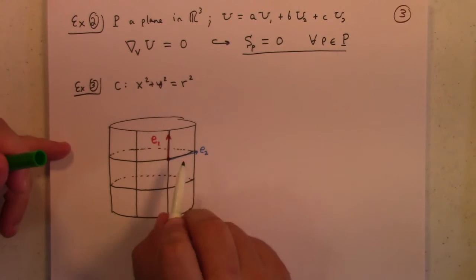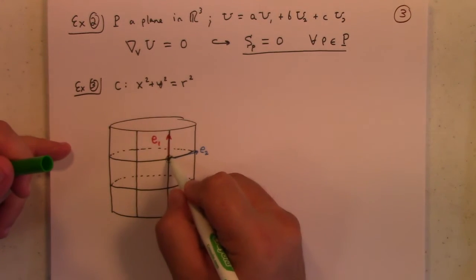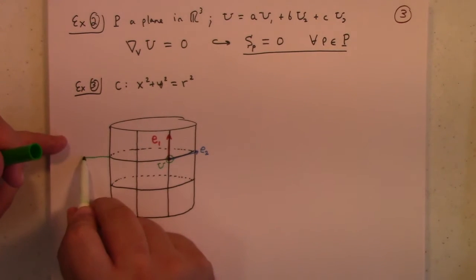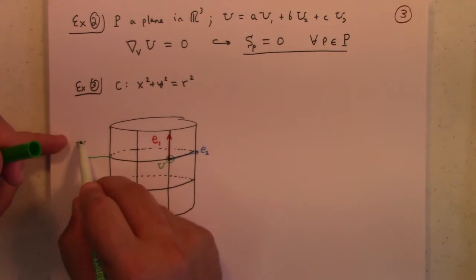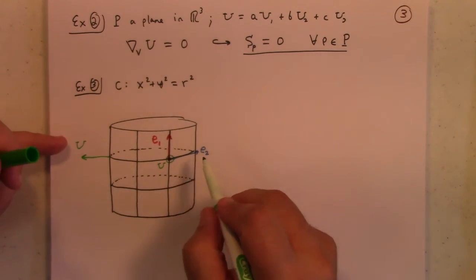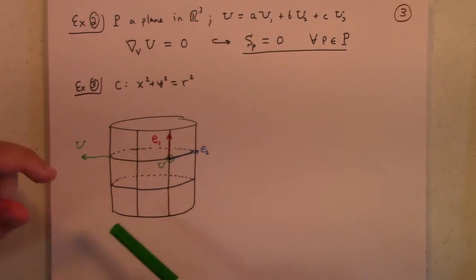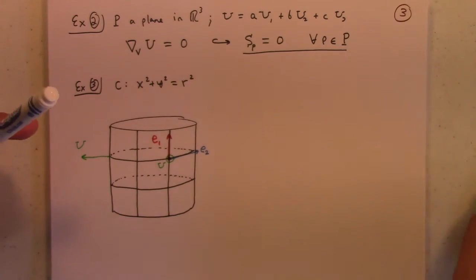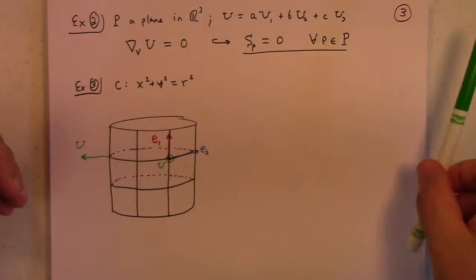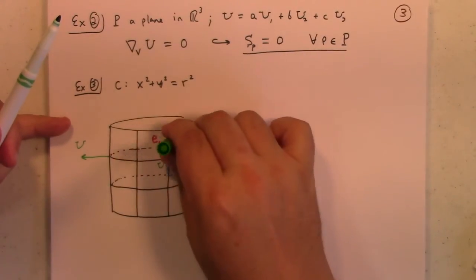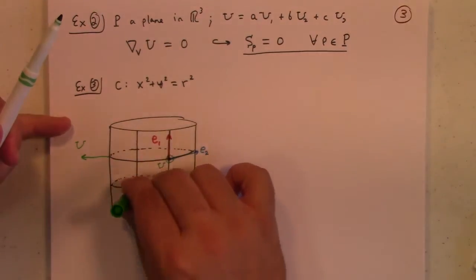The U is coming out. I'm not going to try to draw it. Anyway, you can see that if you think about U, it doesn't change as you go up and down these rulings, right?